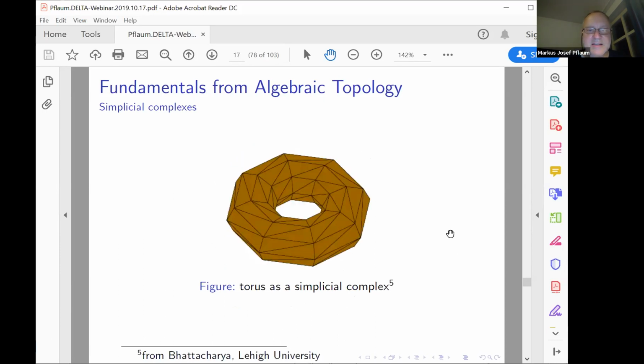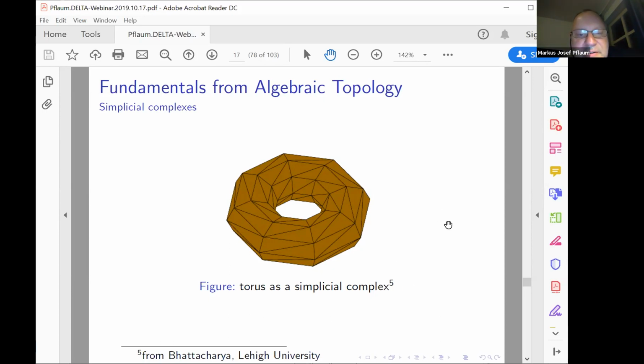Here there is the torus. You all know the torus. One can write it down as a simplicial complex. I don't think I need to explain much more. It's built up out of triangles. What you want to do, if you have a geometric figure, is triangulate it: build it out of triangles, vertices, lines, tetrahedra, and higher-dimensional simplices, making this geometric figure into a simplicial complex.